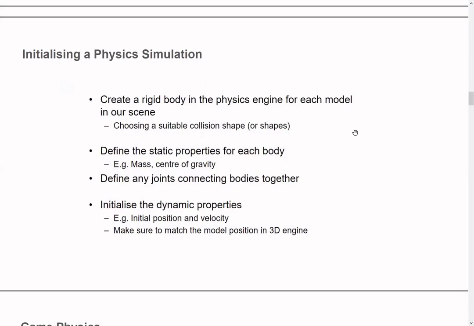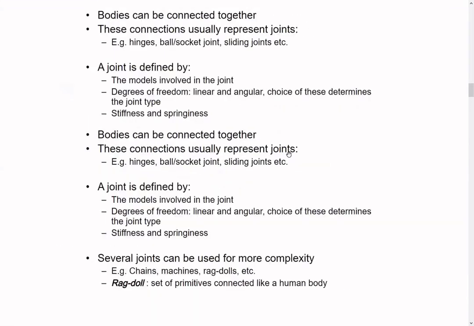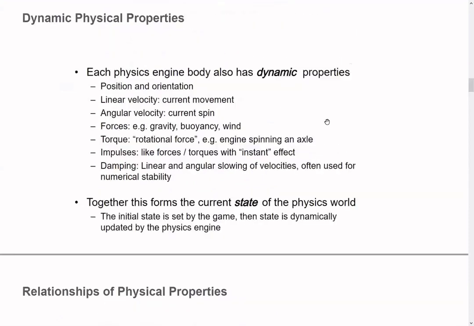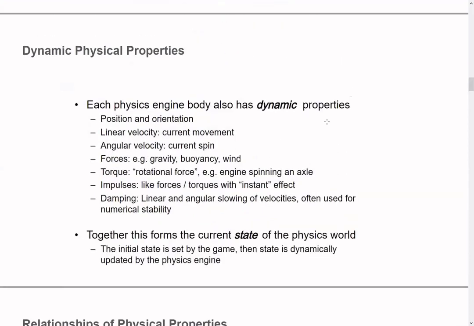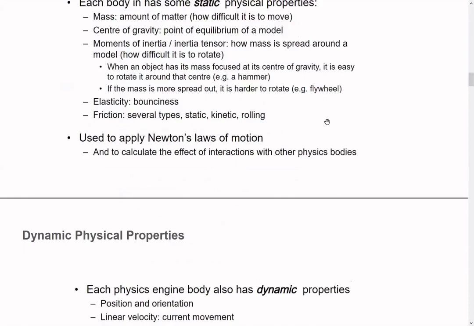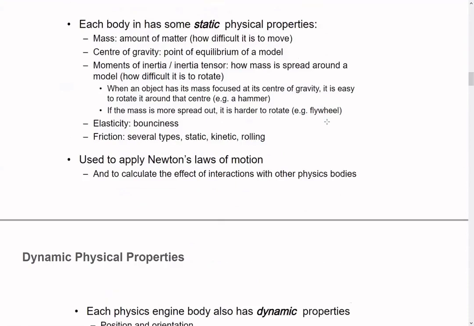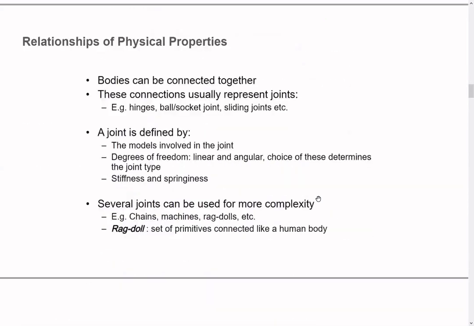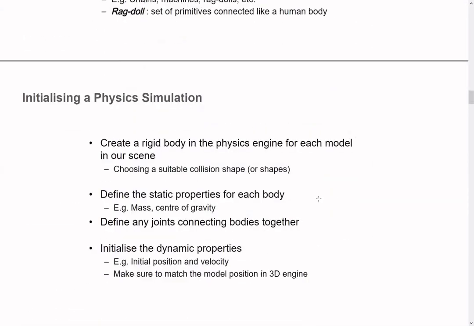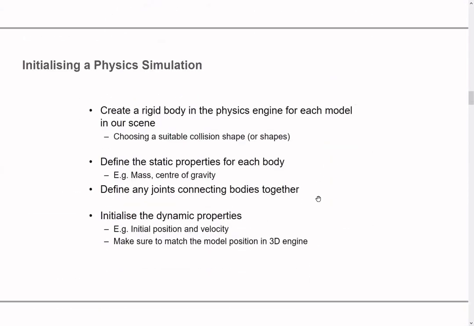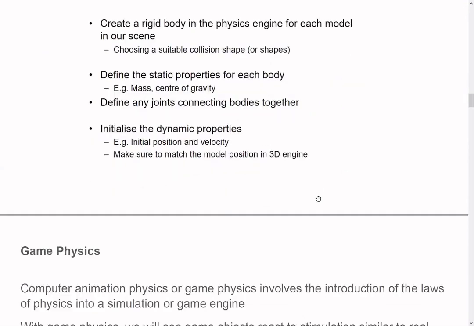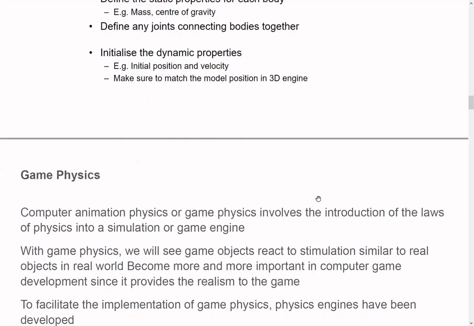So using these dynamic properties and the static properties, we need to define each of these for the bodies that we model in our environment. And then we need to define the joints that connect the bodies together.